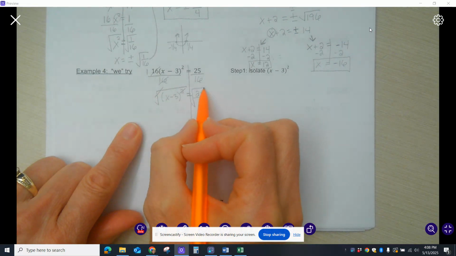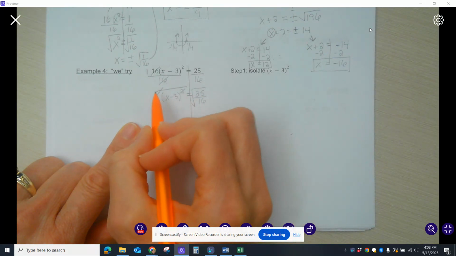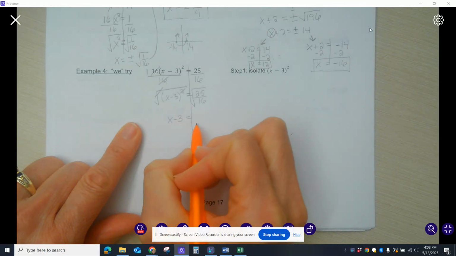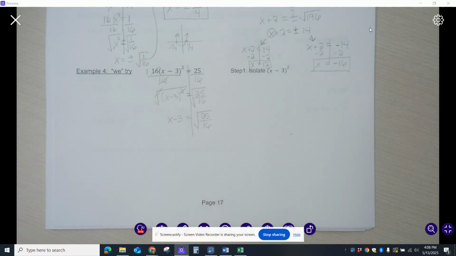Put a big tall square root over here. So now what's left after I blow up that lock? Just x minus 3. What do I have over here? Square root. I still have my square root on that side of the equal sign of 25 over 16.